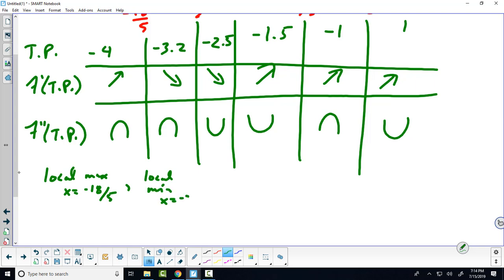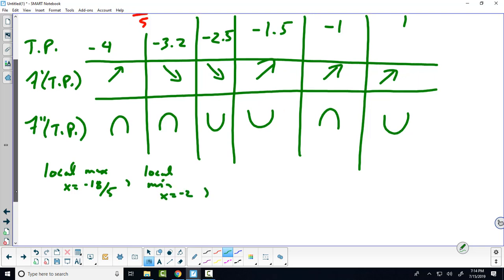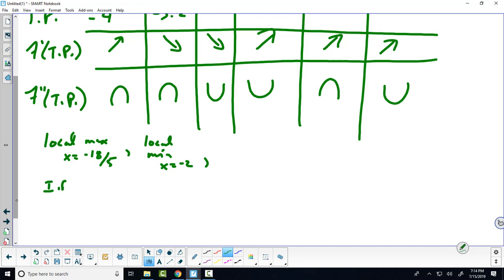At x equals negative 2. What else have we found? We found some inflection points. We have an inflection point at x equals negative 3, at x equals negative, is it 6 fifths? And at 0. 3 inflection points. Okay?